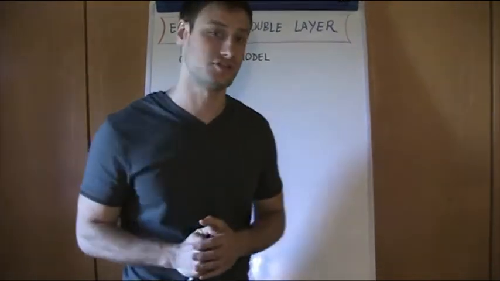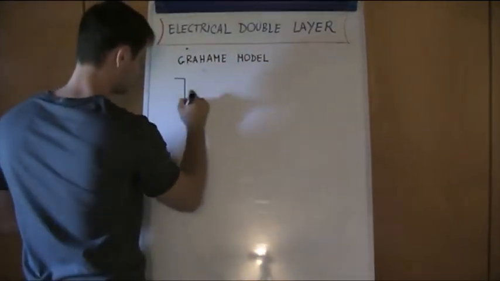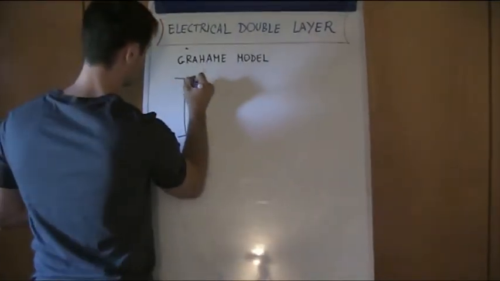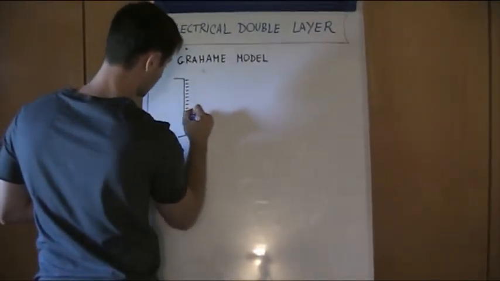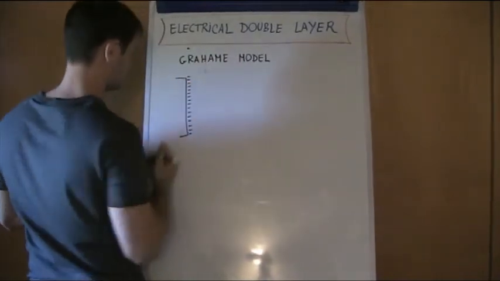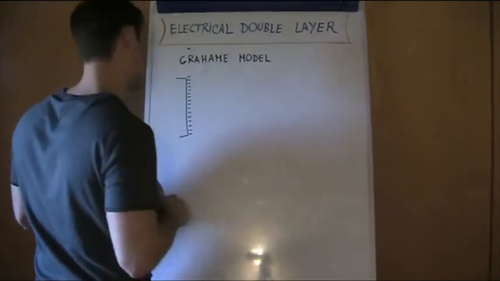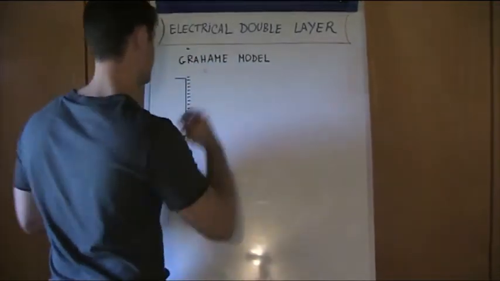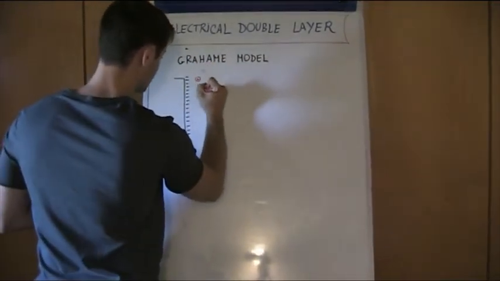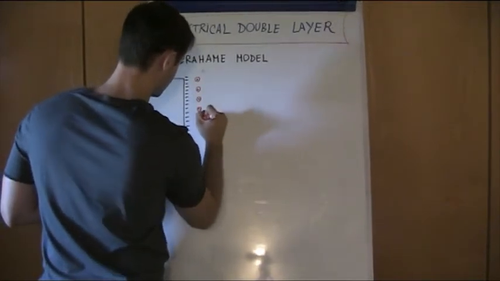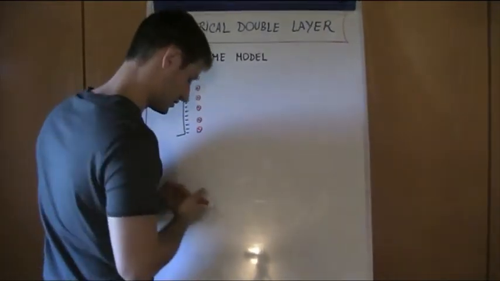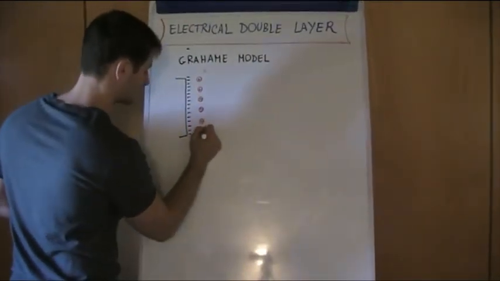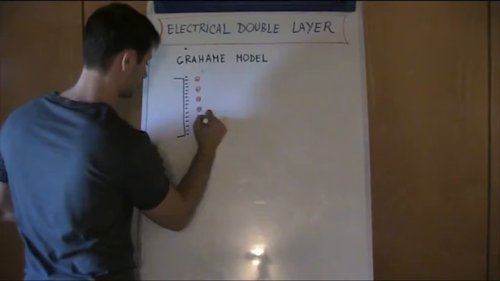So let's imagine an electrode negatively charged, and in the presence obviously of cations, but in this case the cations are surrounded, due to a solvation process, by water molecules. So we have solvation water molecules.